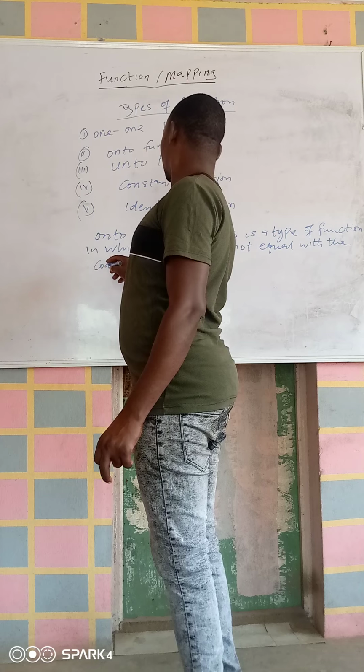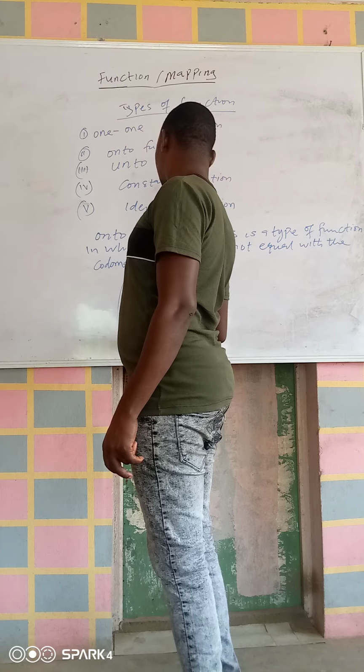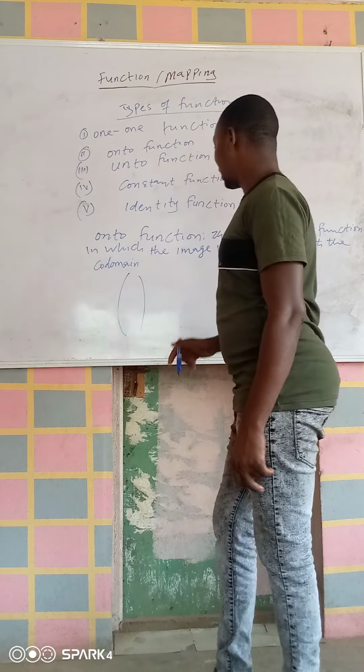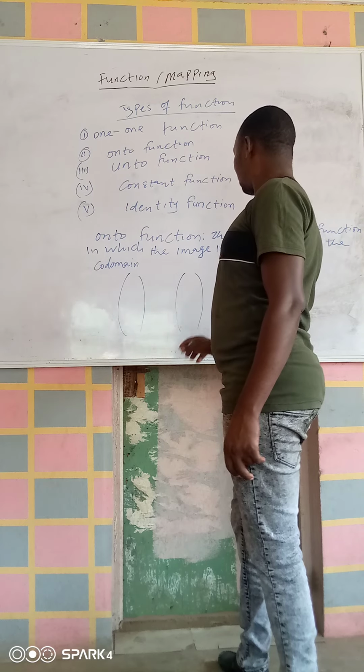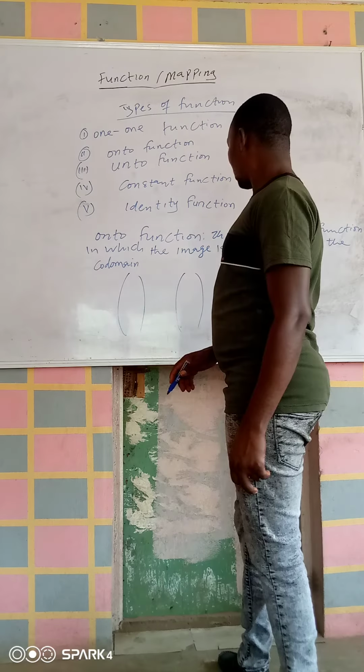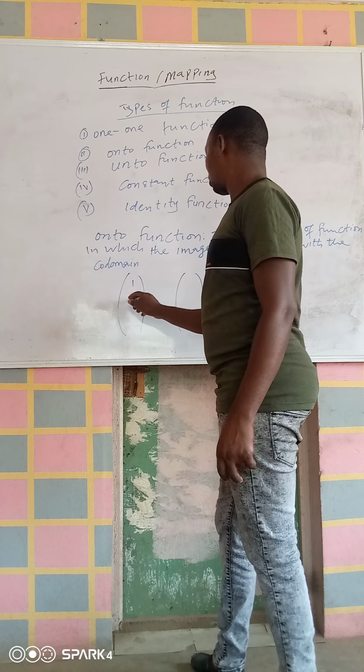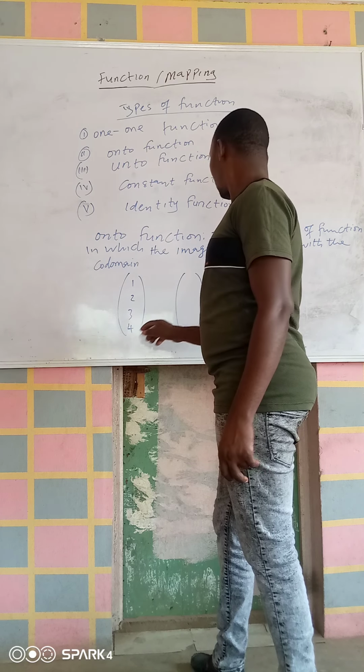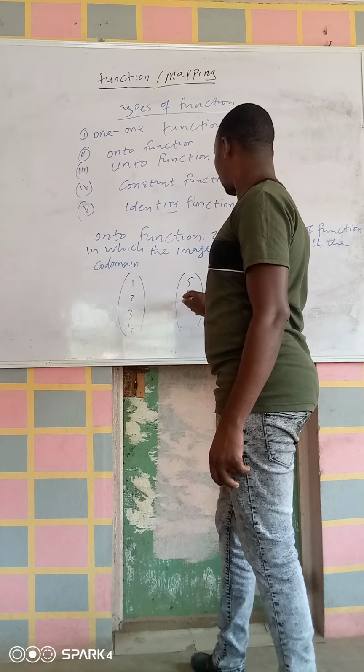You can use an arrow diagram. I like using an arrow diagram to represent it so that the picture can be more clear. So we have 1, 2, 3, 4 and 5, 6, 7, 8, 9.